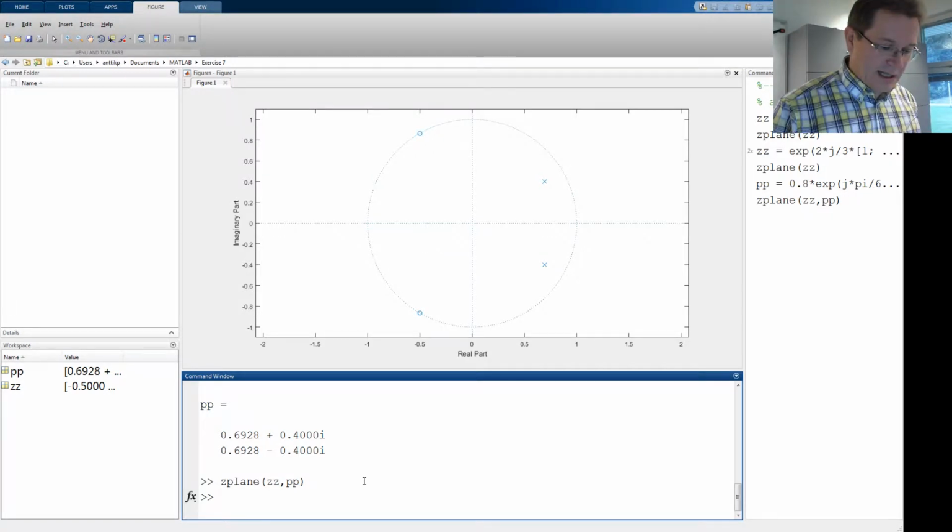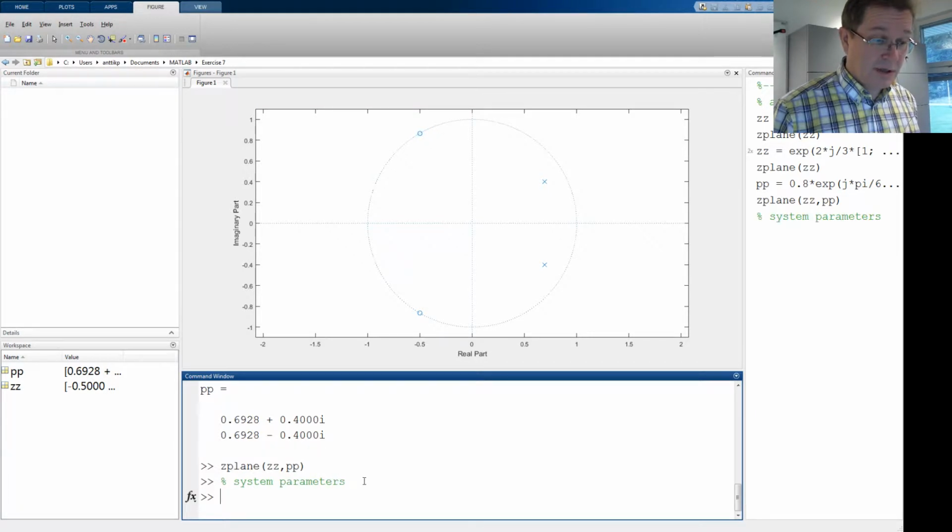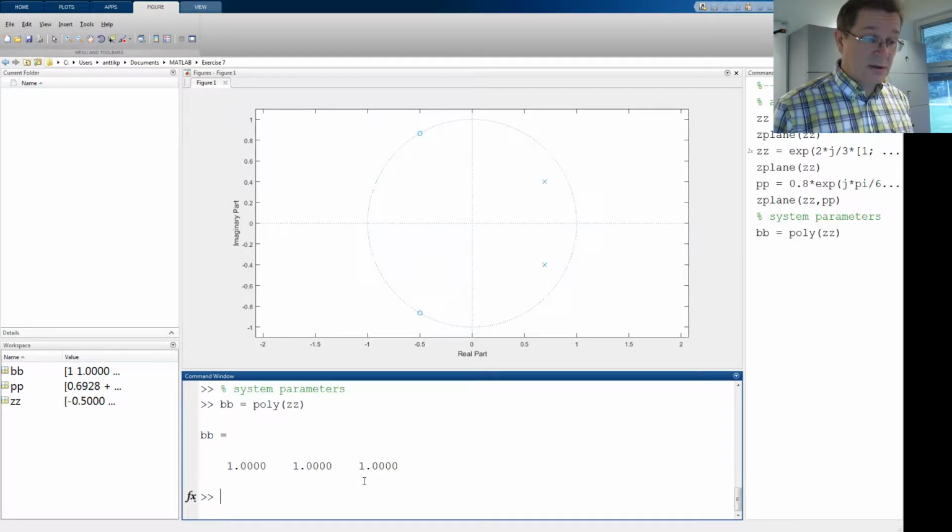So basically, next thing would be the corresponding system parameters. So B, system parameters. B parameters are the polynomial coefficients of a polynomial defined by these zero locations.